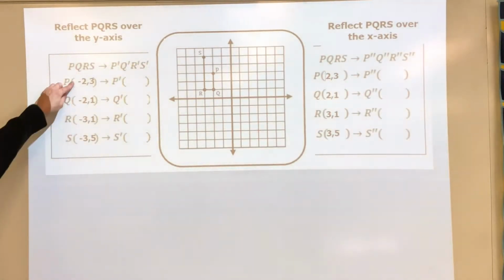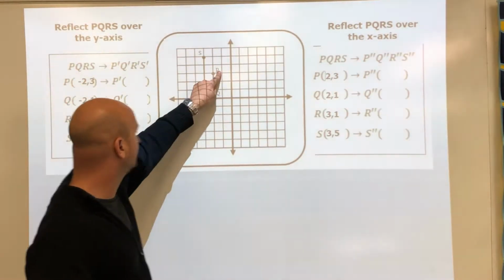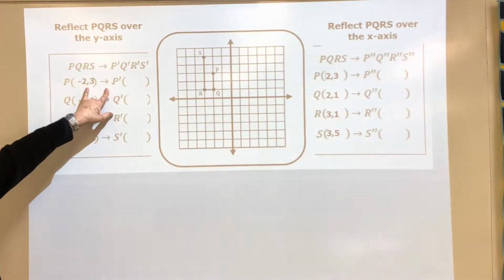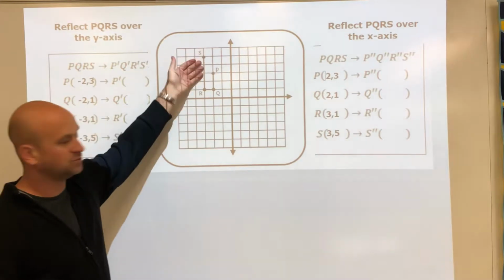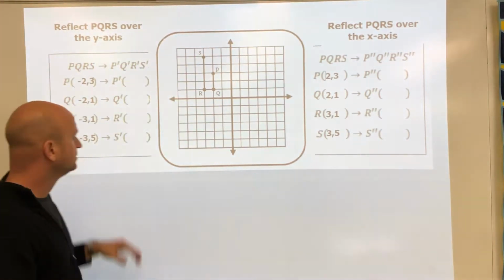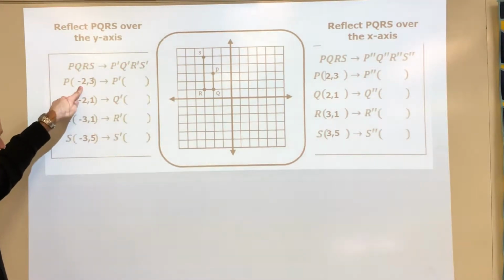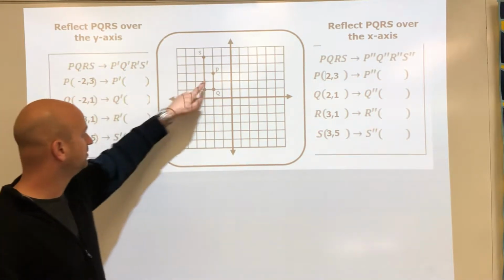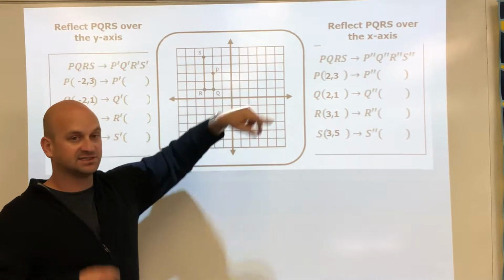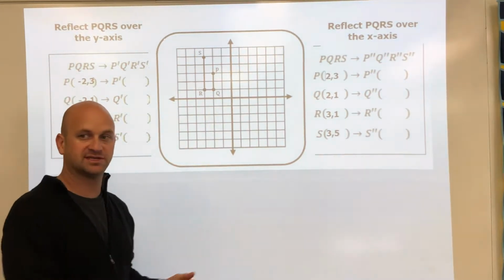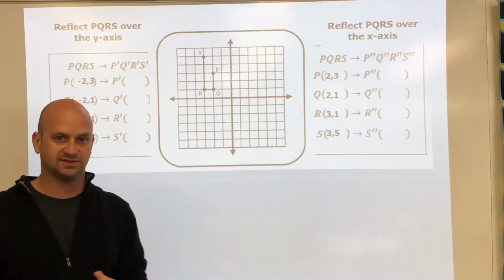All right, now here's an example where we have this given graphed segment, and they want you to reflect this over the y-axis. So what happens to this when you go over the y-axis? In this case, (-2, 3) is point P. If we go over the y-axis, the only value that changes is actually the x value. So if you go over the y-axis, the x value will change signs.